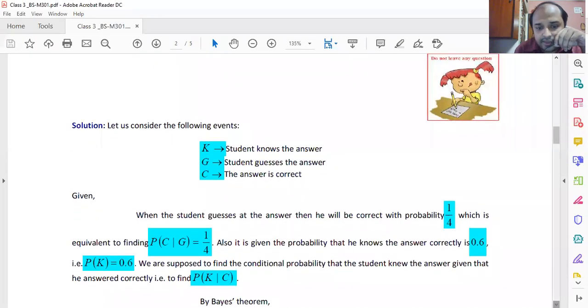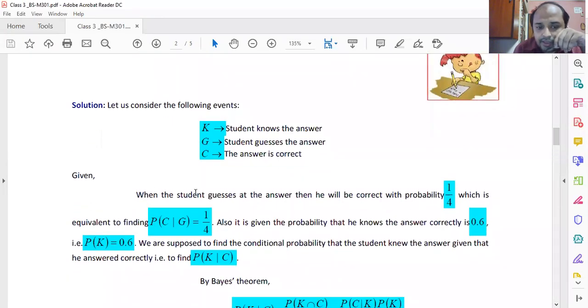What is given in the question? It is given that when the student guesses at the answer, then he will be correct with probability 1 by 4. Read this statement very carefully, which is equivalent to probability of C given G, which is equal to 1 by 4. Also, it is given that the probability that he knows the answer is 0.6.